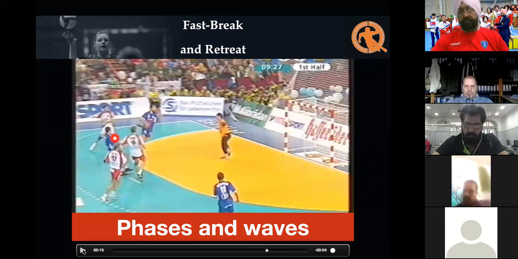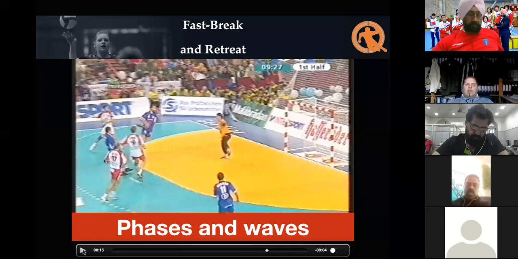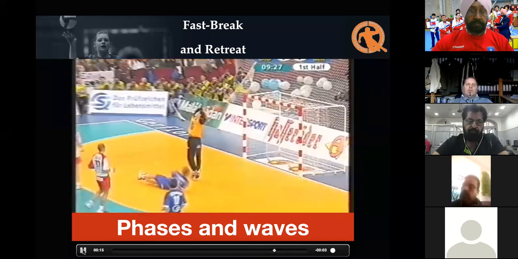So this is something which is tactically quite important because you will see some more video sequences from that game. The Croatian team, in that moment, always organized their fast break over the left side because the German team were changing 2 players.